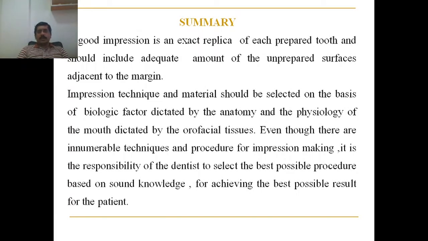Even though there are innumerable techniques and procedures for impression making, it is the responsibility of the dentist to select the best possible procedure based on sound knowledge, for achieving the best possible result for the patient.